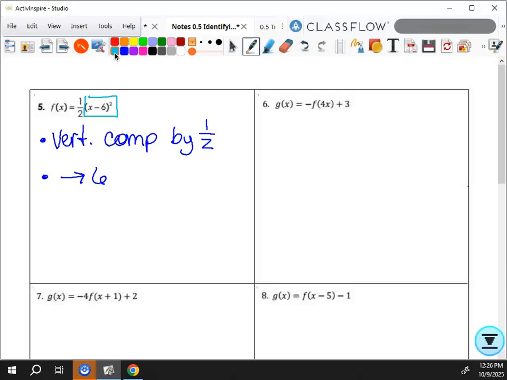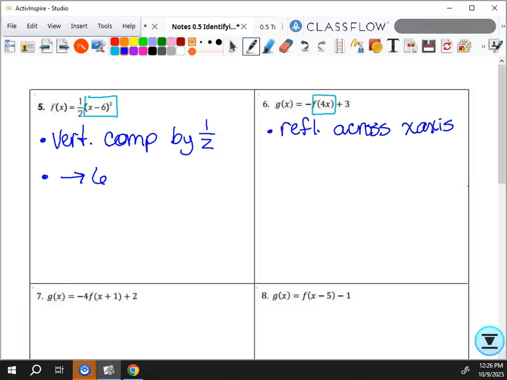But the part I would box here would be the f of whatever, okay? So that's f of 4x. Still, everything inside affects x, everything outside affects y. So I start with the negative. That would be a reflection across x-axis. Very good, because it changes the sign on y.